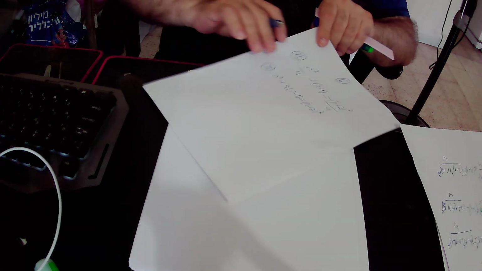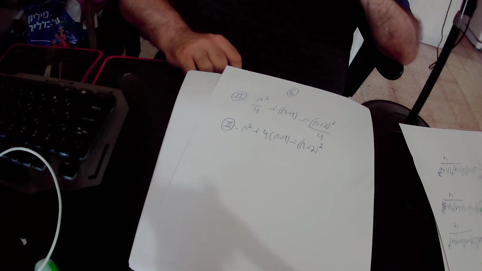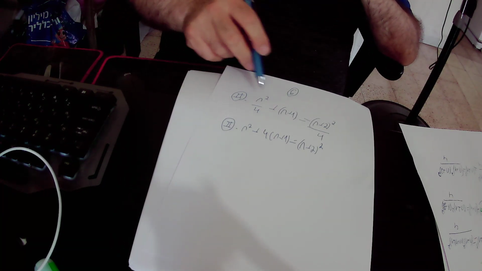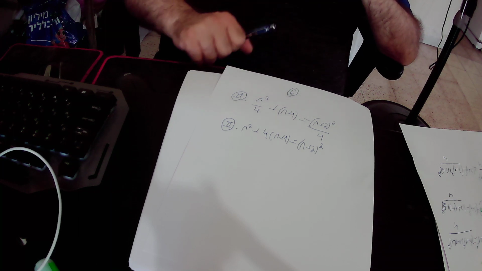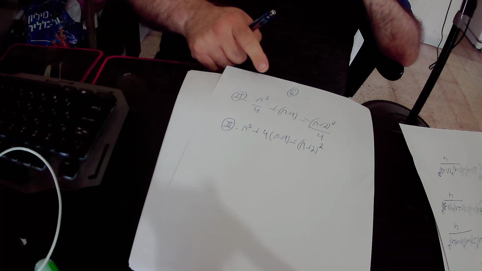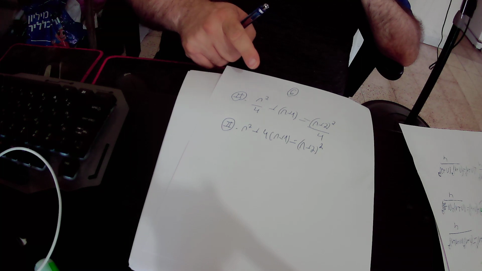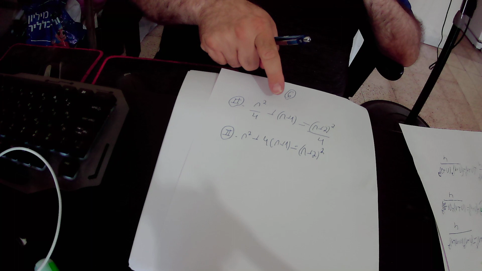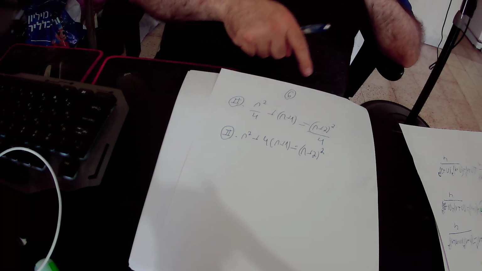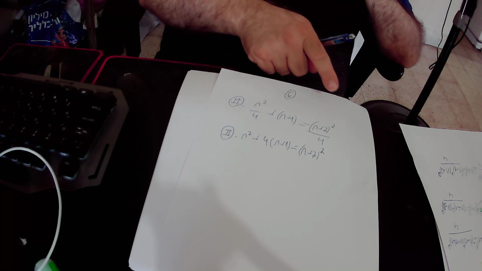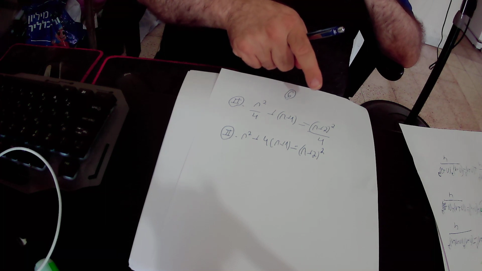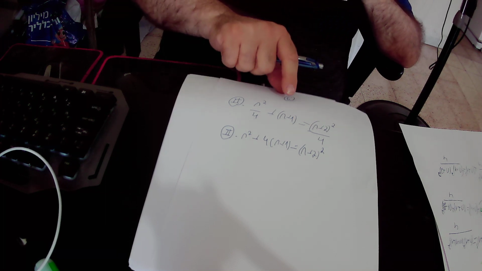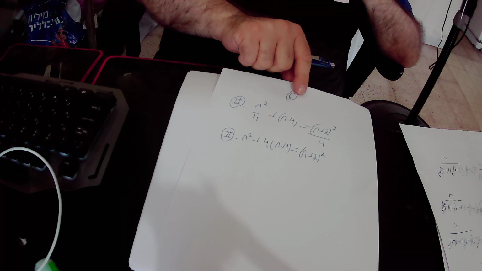So we multiply both sides of the equation by 4. So n squared divided by 4 times 4 is n squared, and n plus 1 times 4 is 4 times n plus 1, and n plus 2 squared divided by 4 times 4 will be n plus 2 squared. So now we will open the brackets in both sides of the equation.